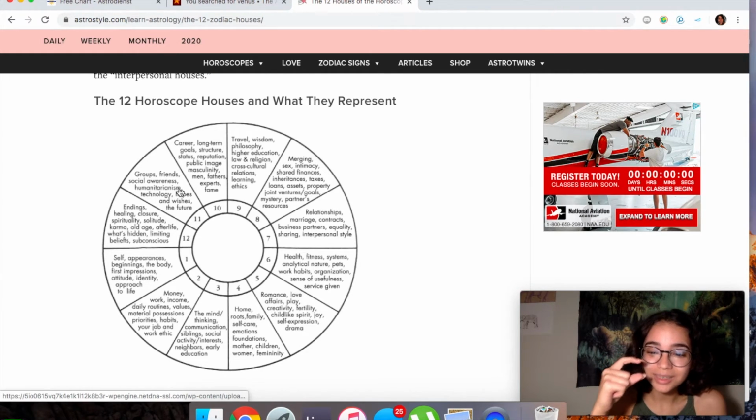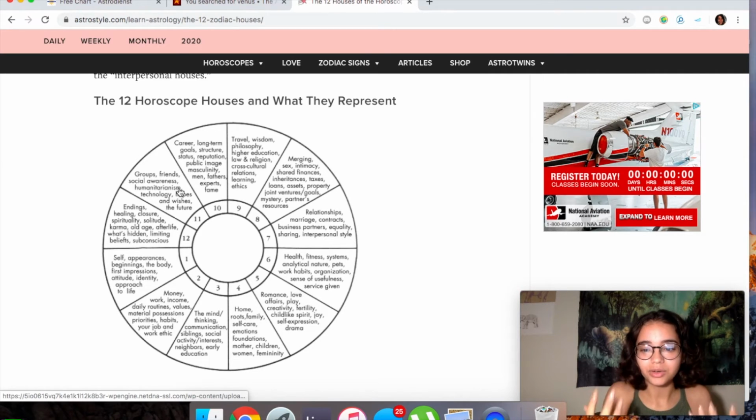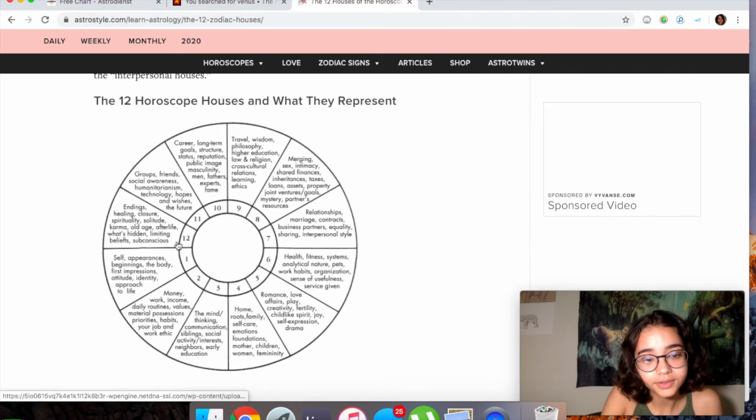If you look at the symbol of Aquarius, it's a man carrying some water to bring to the village. That represents the energy of Aquarius, of being the humanitarian, the one who looks after the people.